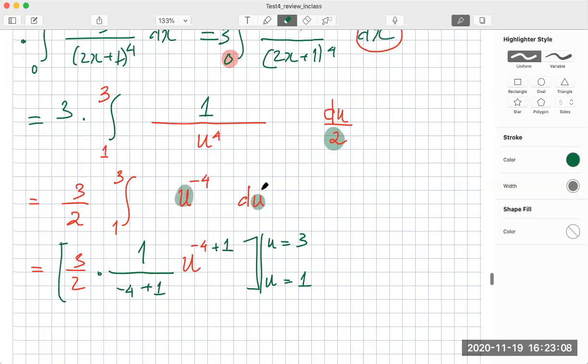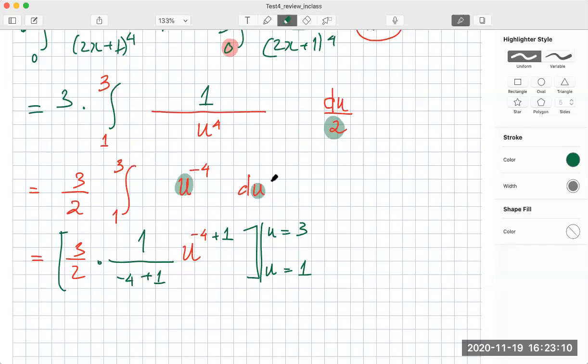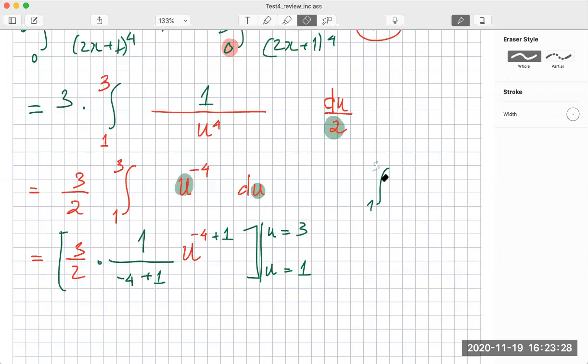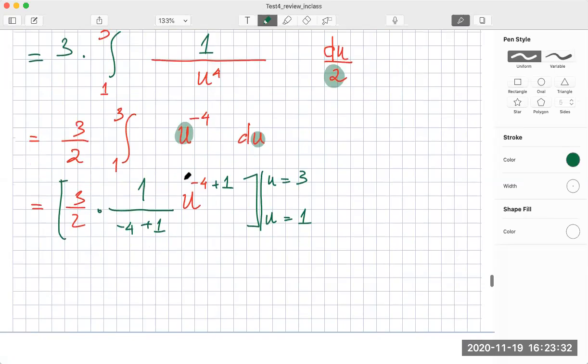Yeah, it plays the same role as x to the -4 dx. It is the same as 3/2 of x to the -4 dx, but I don't want to confuse you more. Just leave it this way. Okay, then these are the constants.